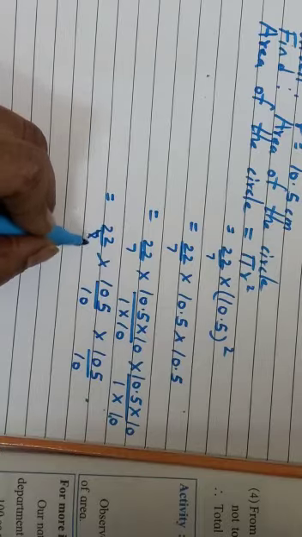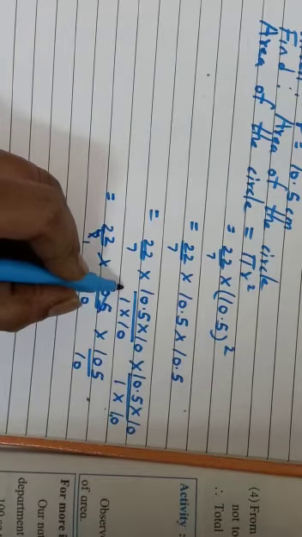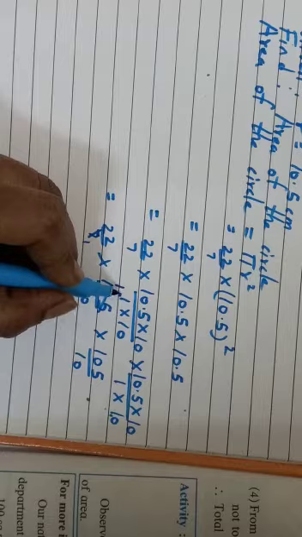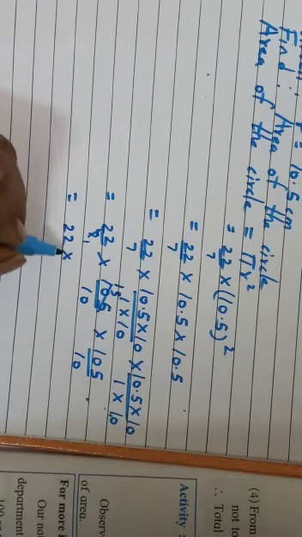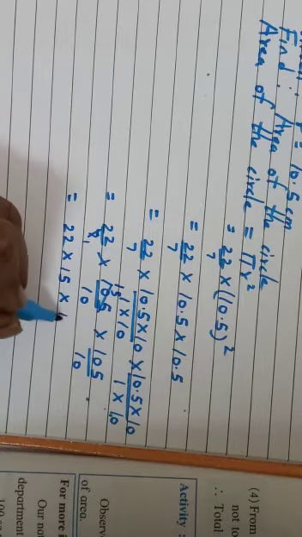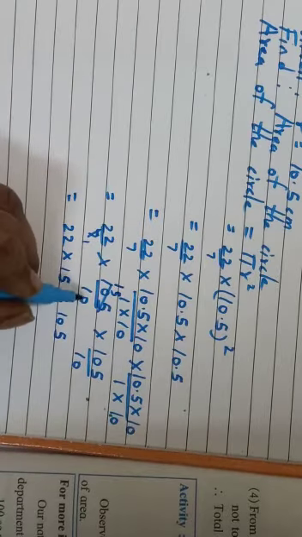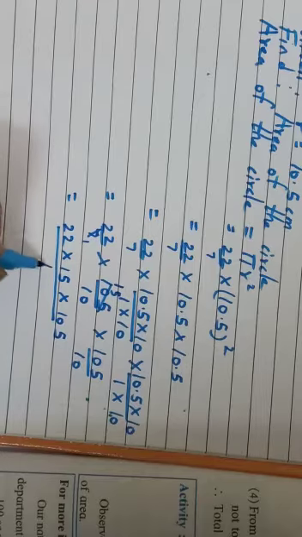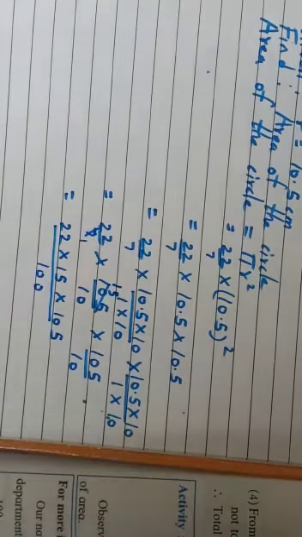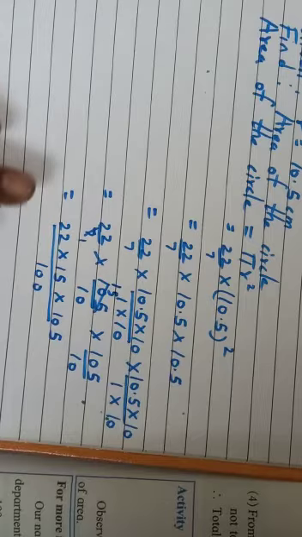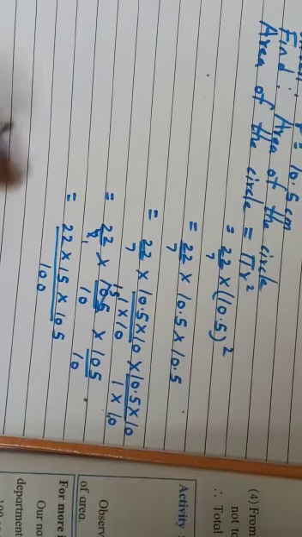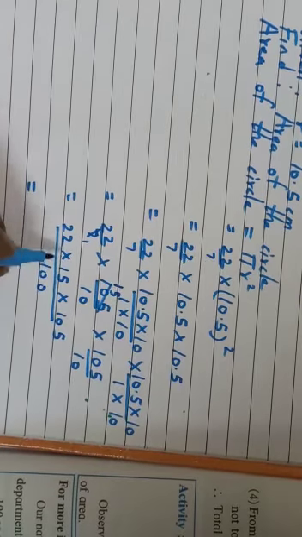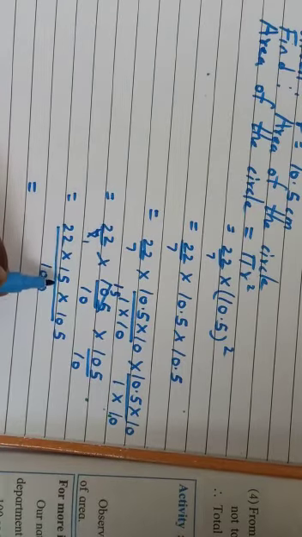Here 7 ones are 7, 7 fives are 35, so you are getting 22 into 15 into 105 upon 10 into 10, which is 100. This way you can remove the decimal point and solve the example. Till here you have got it.